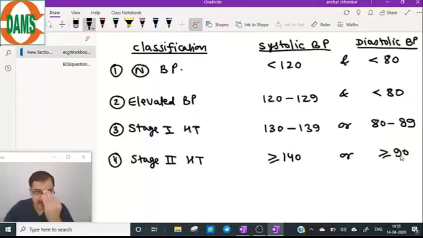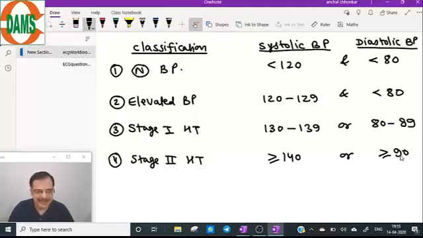So this is the American Heart Association classification of blood pressure depending on the systolic BP and diastolic BP, and there are many changes in contrast to the JNC guidelines. The Joint National Committee guidelines are now old; the new guidelines are AHA. The first change is this classification of blood pressure.